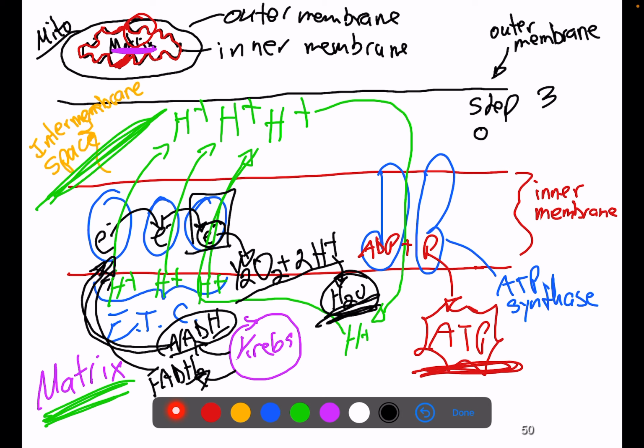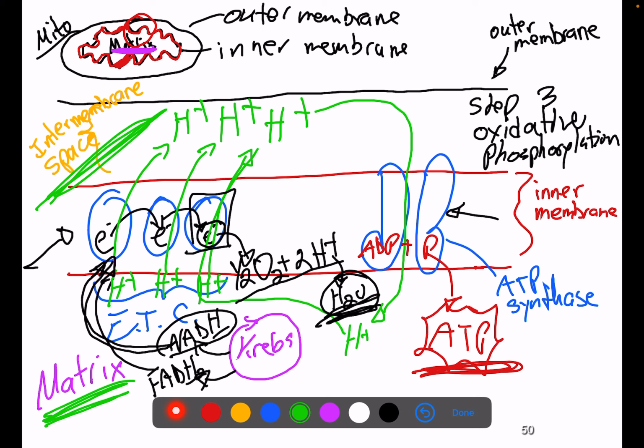It's called oxidative phosphorylation. That's step 3. And it requires an electron transport chain, seen there. It requires an ATP synthase, seen there.